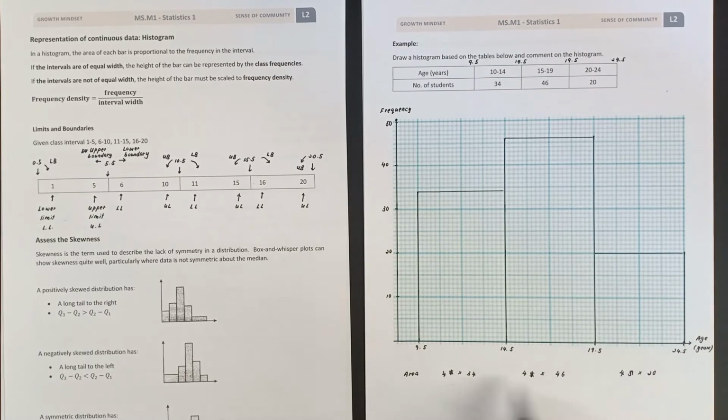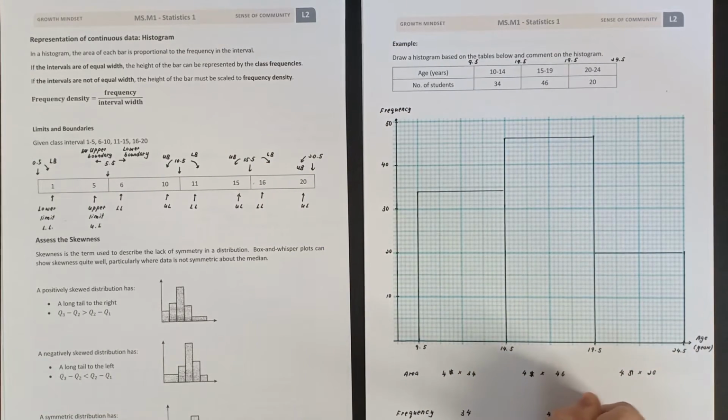When you have all this and you times the number, now we try to put it in the proportion way. So for frequency, what's the frequency that you have? 34, 46, and 20. What is the proportion here?